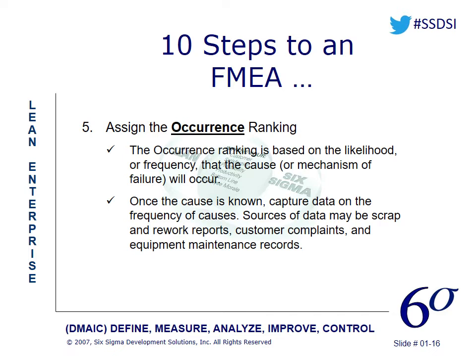We might go back and look in our many different systems to find out the actual number of times this happened over a certain time or a certain number of defects. An occurrence ranking of 1 means this very seldom, if ever, happens. An occurrence ranking of 10 means that this happens constantly.